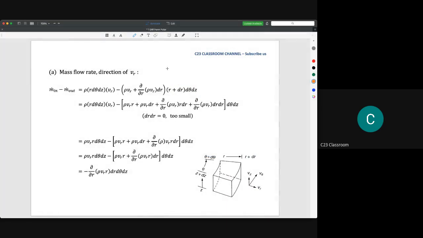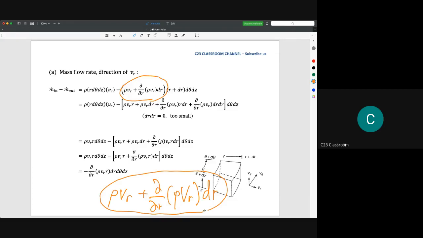So for here, we have rho and vr, and then we add the partial differential term. So we have del over del r of rho vr dr. I think you already learned about the partial differential, because we assume that the changes occur in the density and also in the velocity.